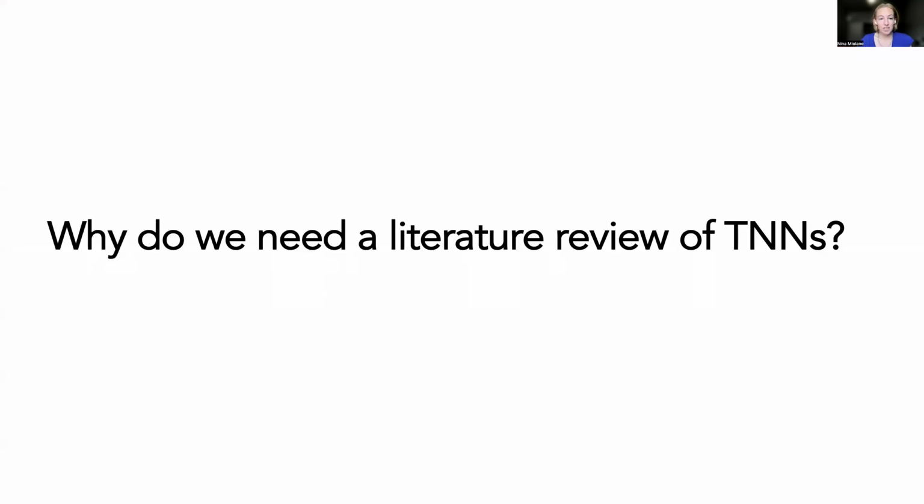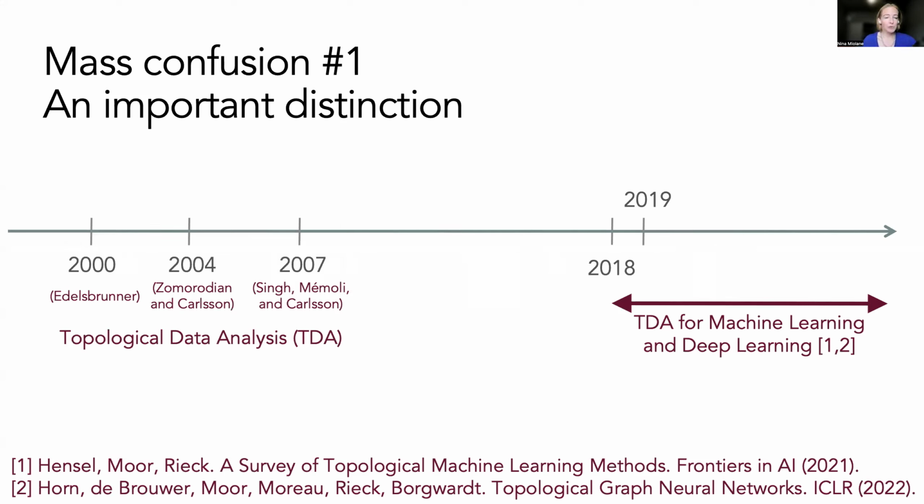Okay, why do we need a literature review of these TNNs? It's because there are several confusions, and the first one is that there used to be a confusion between TDA and TDL. So TDA for topological data analysis, and TDL for topological deep learning, which is the field of topological neural networks.